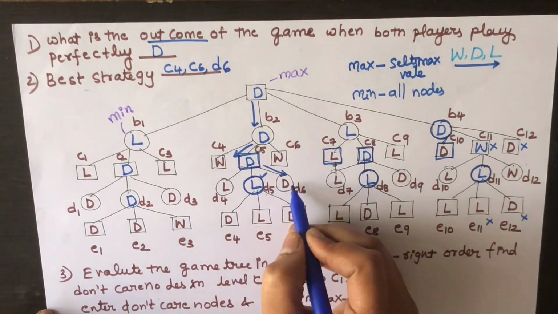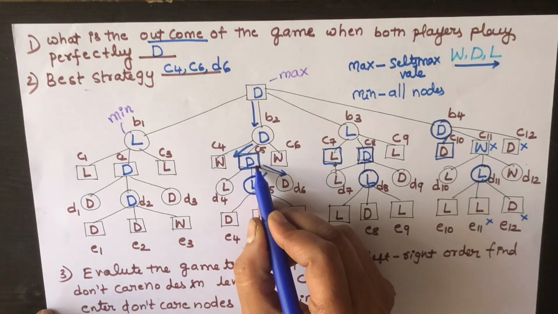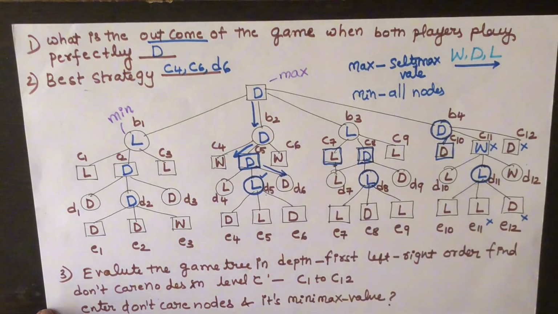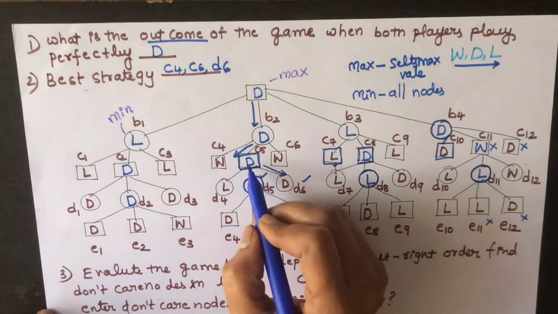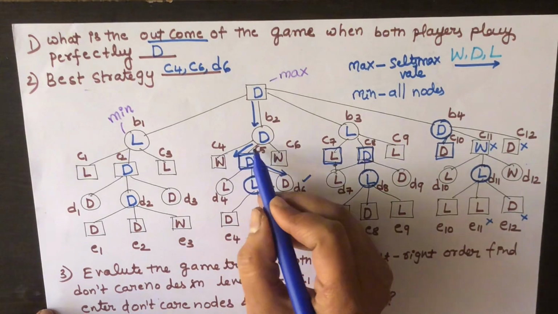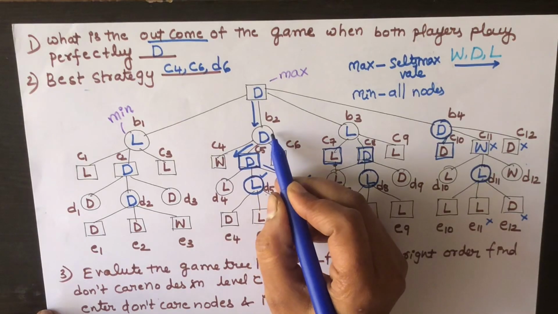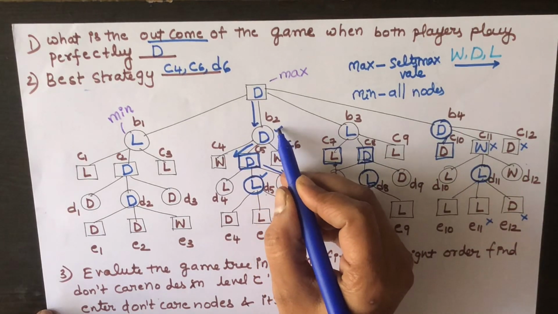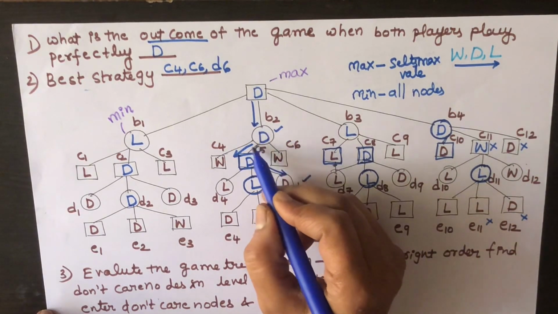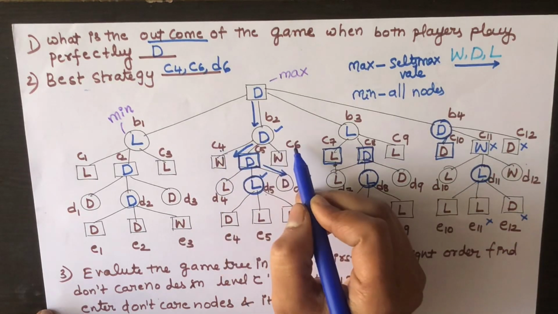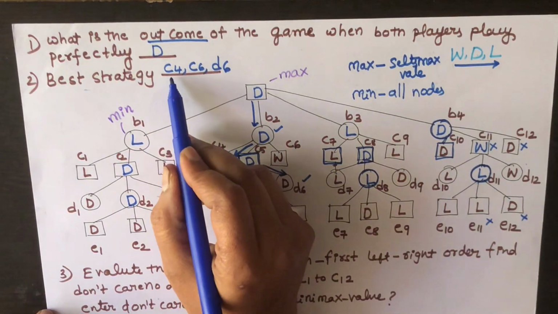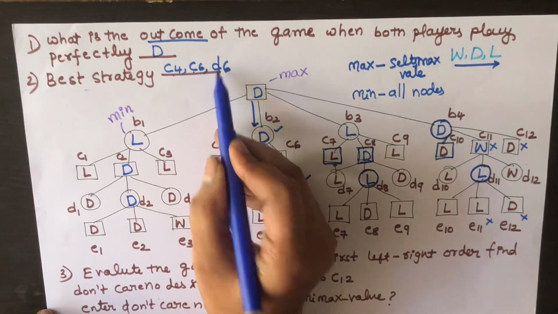The C5 is a max node. It selects only one node, that is D6. And next go backward. B2 is the minimum node. It selects all the nodes, that is C4 and C6. So the best strategy is C4, C6 and D6.